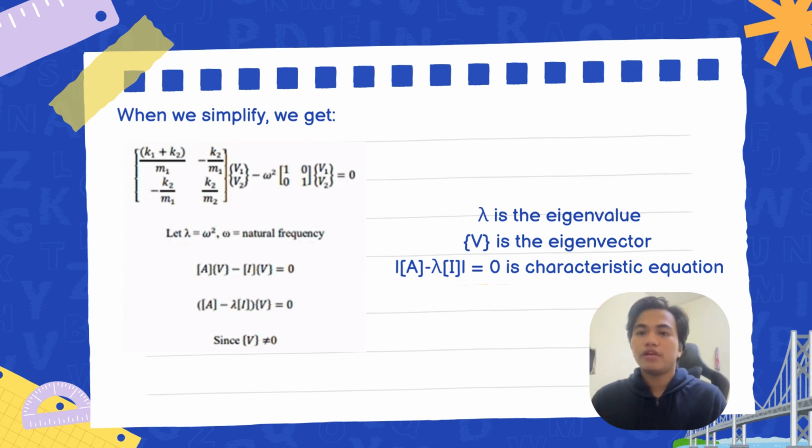When we simplify using matrices, we let lambda equal omega squared, where omega is the natural frequency. Substituting it, we can see lambda as an eigenvalue and v in curly brackets as an eigenvector.